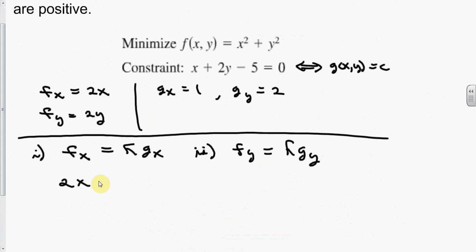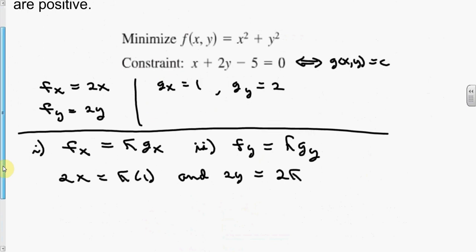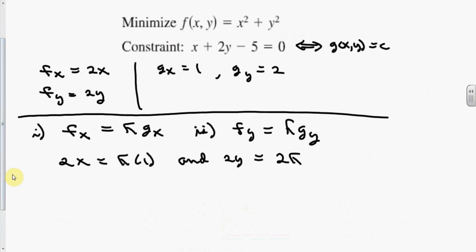All right, so we do that. We have 2x is equal to lambda times 1, and 2y is equal to 2 times lambda. So we have for g, x plus 2y is equal to 5.